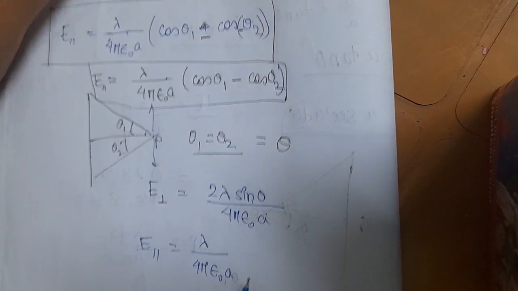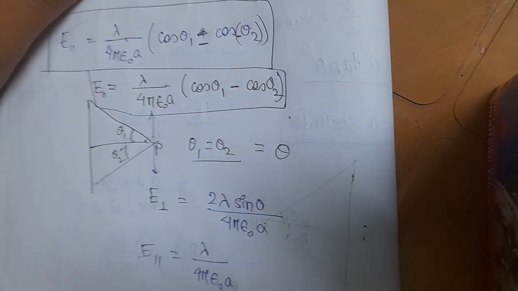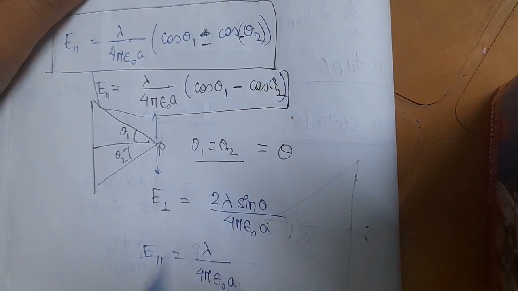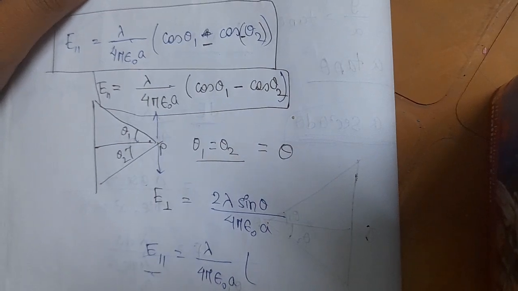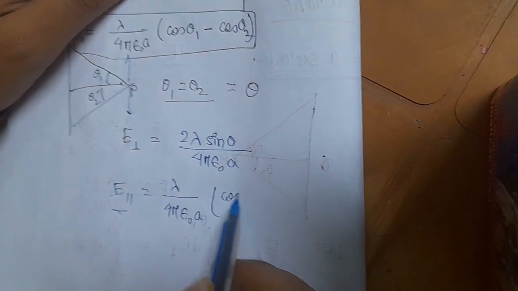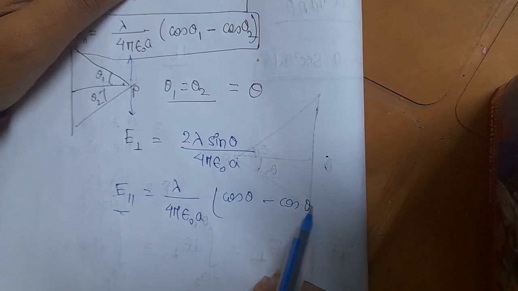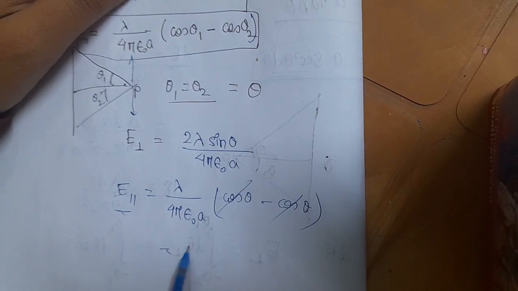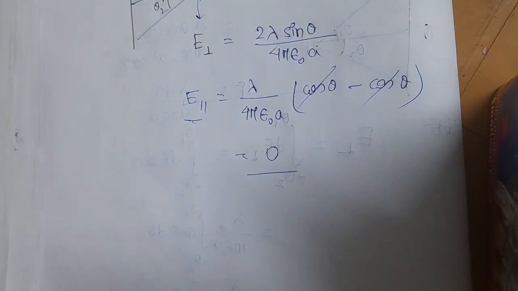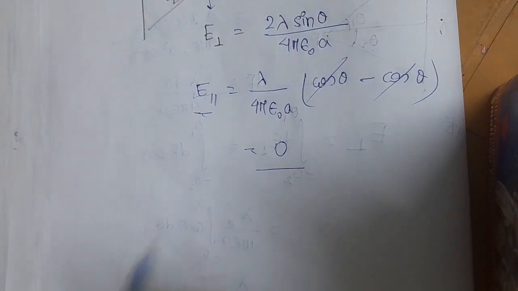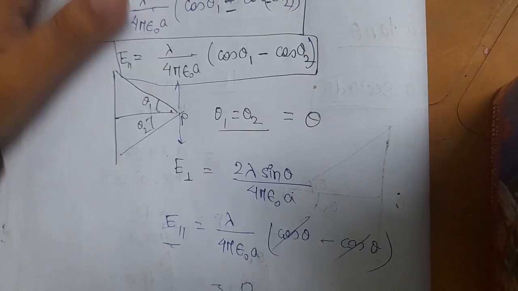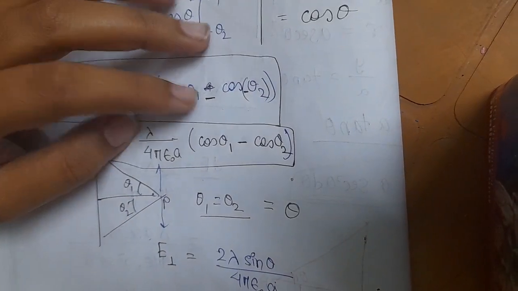So cos theta 1 minus cos theta 2, this is the case. And in this case, what will E parallel be? It will be cos theta minus cos theta, which cancels out, so it will be 0. At this point, I realized how it was wrong.